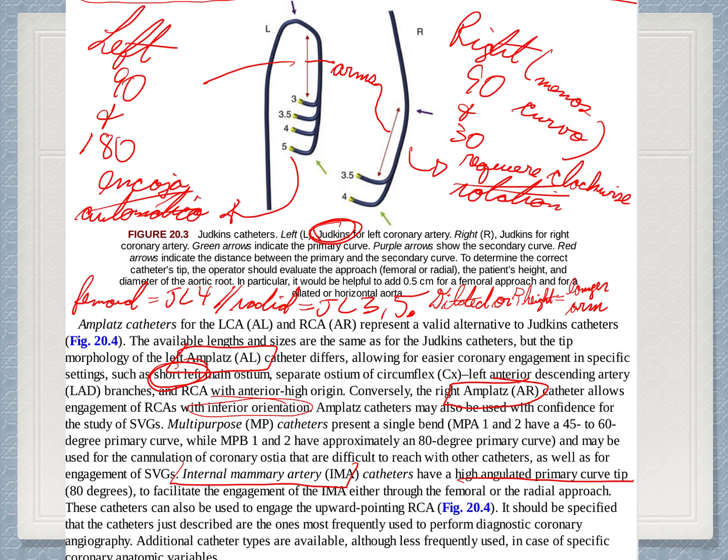For the right one, it is less curved. It has a lesser secondary curve. That is why you can see 90 degrees for the primary curve, as the left one, and the secondary curve is smaller. It's less acute, would be 30 degrees.